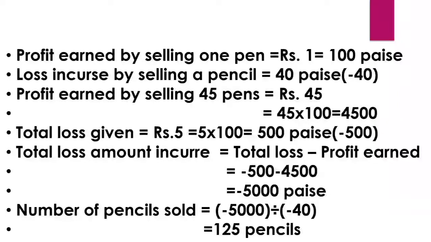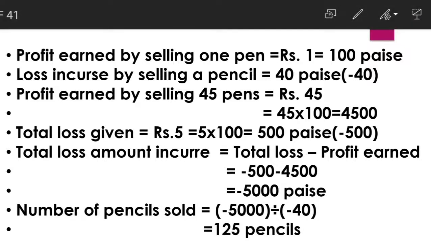Okay, so profit earned by selling 45 pens, because she sold 45 pens in that particular month. So for 45 pens we first have to calculate the profit. So 45 into, for 1 pen she is getting 100 paise profit. Profit means plus, so 45 into plus 100 we have to do. That means we get 45 into 100, that is 4500. After that, the total loss. Here observe the total loss given.